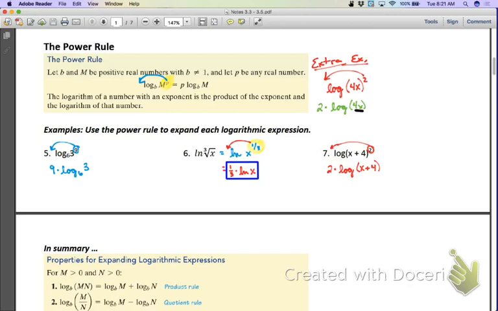The biggest thing here is, and it's really up to you as far as how you would do it, you would either need to go 2 times log of 4 plus log of x, or you would have to go 2 times and basically distribute it, 2 times log of 4 plus 2 times log of x.